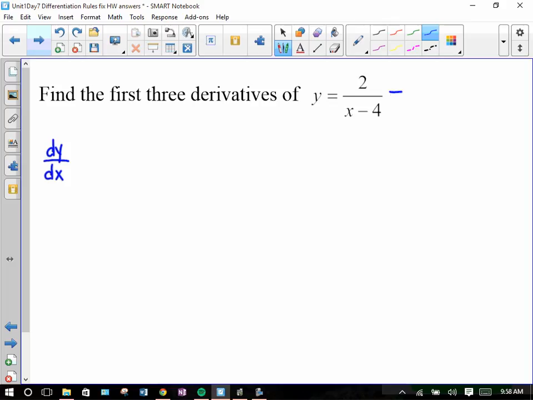So it's going to be 2 times the quantity x minus 4 to the negative 1. To find the derivative of that, what do we have to do?